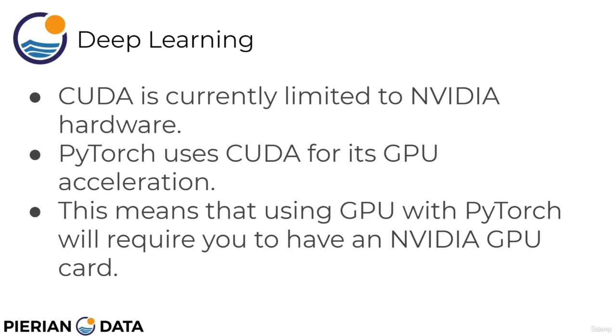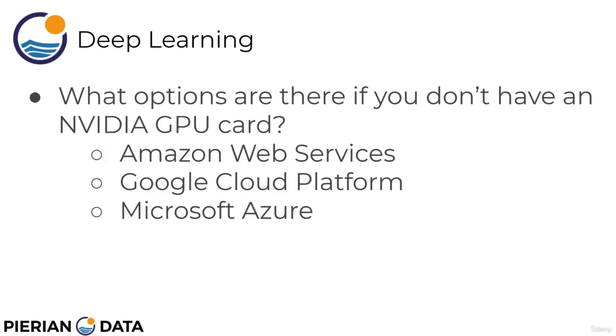Now keep in mind, this is a very fast developing field, and there are some other alternatives for trying to run CUDA-based architectures on non-NVIDIA hardware, but that requires a lot of manual work, and even then it's not guaranteed to actually properly work, especially with something like PyTorch, which is specifically designed to work with CUDA for GPU acceleration. So in order to actually use GPU with PyTorch, you're going to need NVIDIA-based hardware. If you're watching this and you don't have an NVIDIA-based graphics card, then for the time being, you're not going to be able to use GPU with PyTorch.